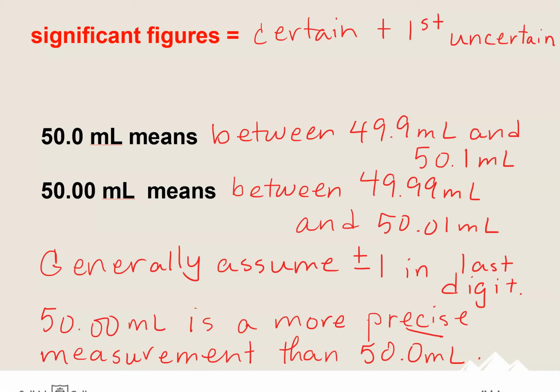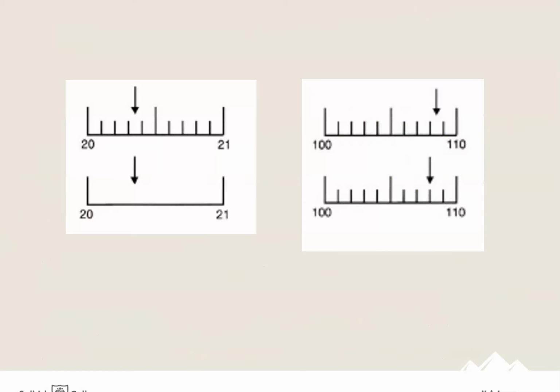So, remembering that we can assume plus or minus 1 in the last digit and that significant figures are the certain digits plus the first uncertain one, finally it's time to give you a chance to practice your understanding. For each one of these meters with the arrow on it, I'm going to have you decide what the proper measurement should be.